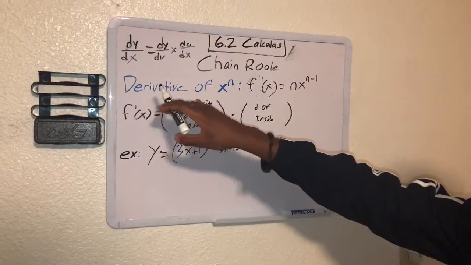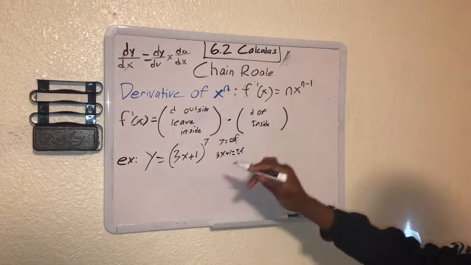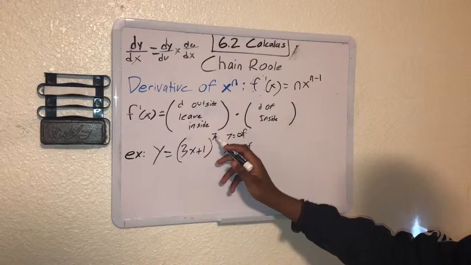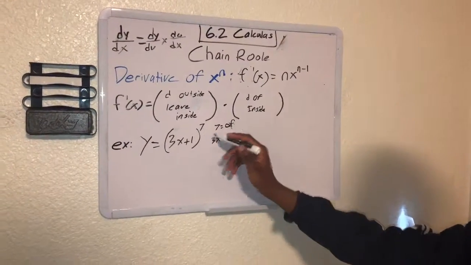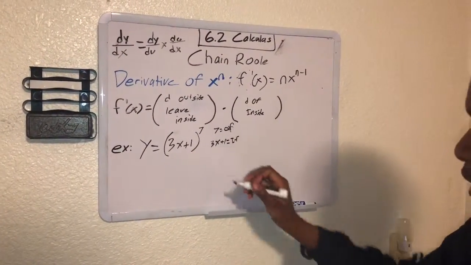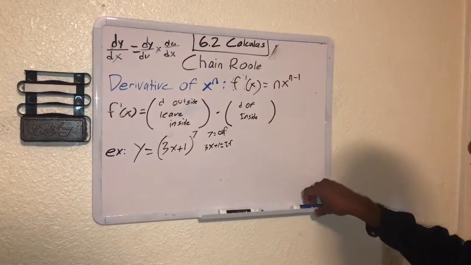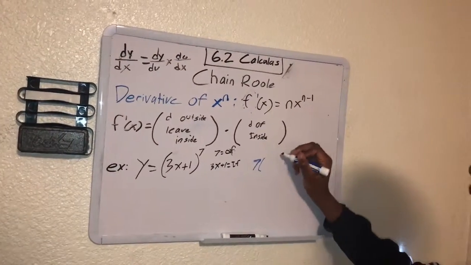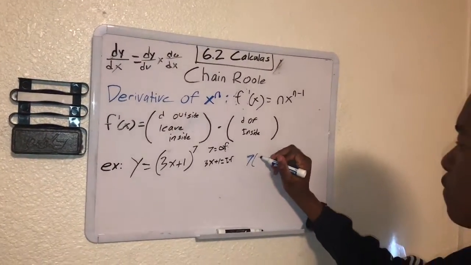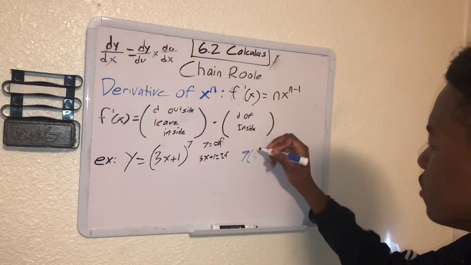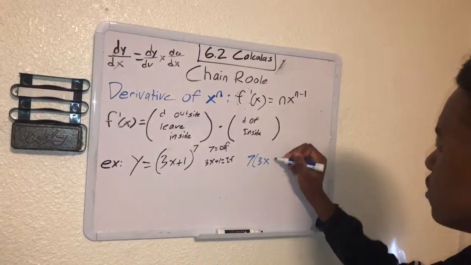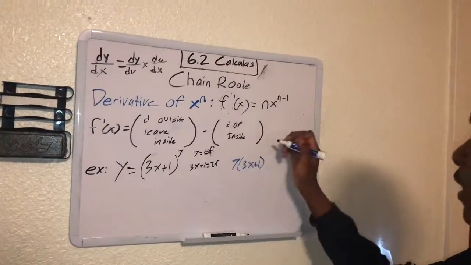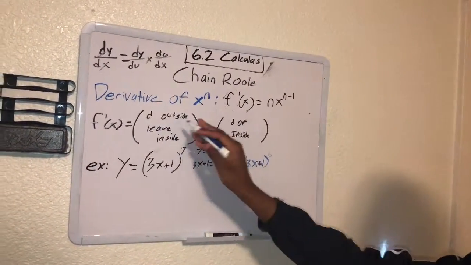Now, derivative of the outside function, leaving the inside. Just like with the basic derivative of x to the n power, we'll take the derivative and do the swoop, bring the n to the front and then subtract 1, leaving the inside by itself. So we have 7 times 3x plus 1, and since it's 7 minus 1, we get 6, and that's the first part.